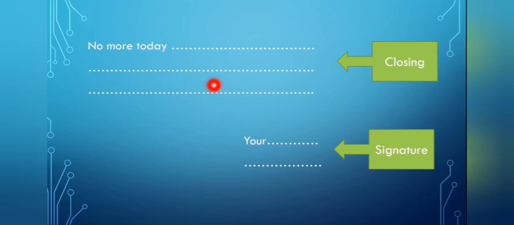This is actually the starting line of your closing part. You can add any extra lines to say bye to your friend or your parents or whoever you are sending the letter to. And this is the part of signature. Your loving friend, your loving daughter or son, and the name as it will be given in the question.